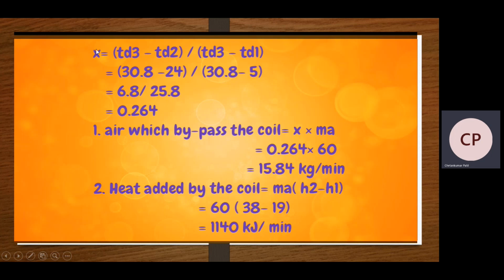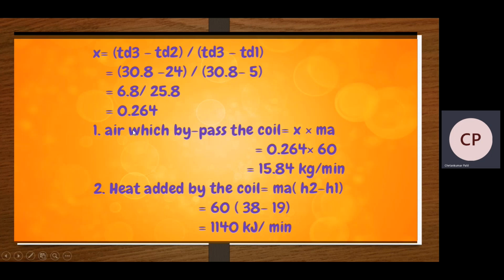Now for this x we have already considered that the amount of air admitted at point 1 is equal to 1 kilogram. So out of 1 kilogram, the amount of air getting bypassed is 0.264. In the question, it is given that the total amount of air admitted, or mass flow rate of air, is 60 kilogram per minute.